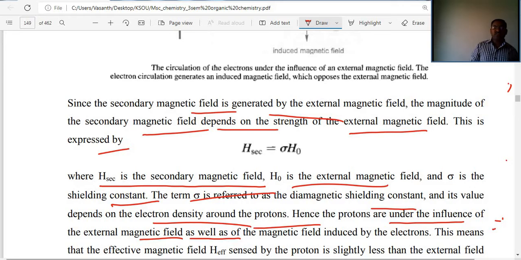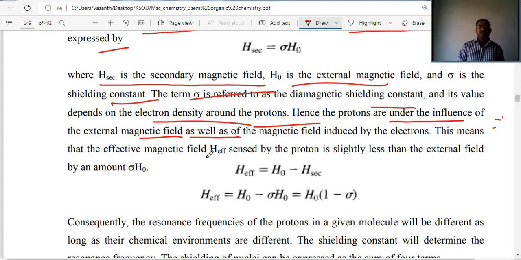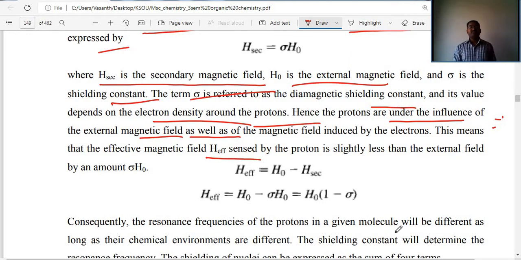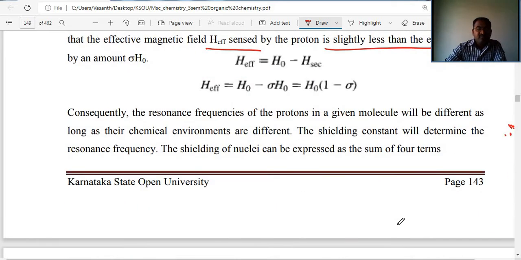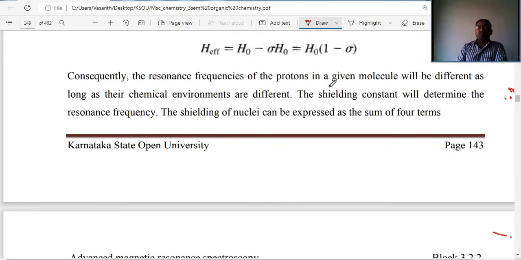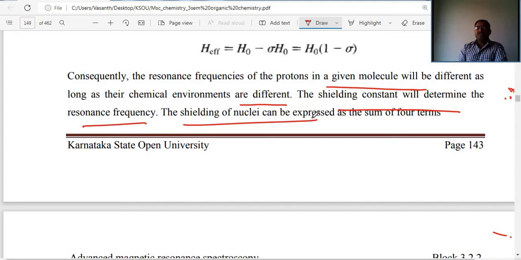This means that the effective magnetic field H effective sensed by the proton is slightly less than the external field by an amount sigma H0. Consequently, the resonance frequencies of protons in molecules will be different as long as their chemical environments are different. The shielding constant will determine the resonance frequency.